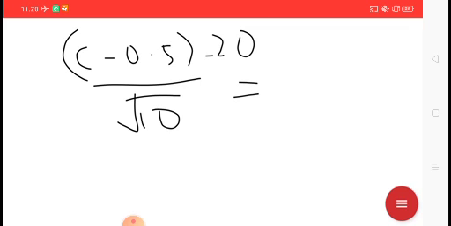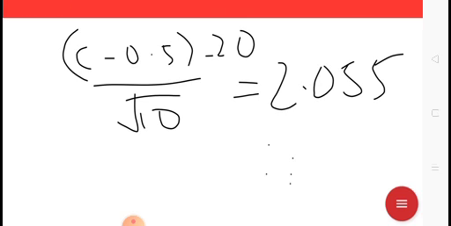For 0.98 probability, the normal distribution value will be 2.055. You can do it this way.